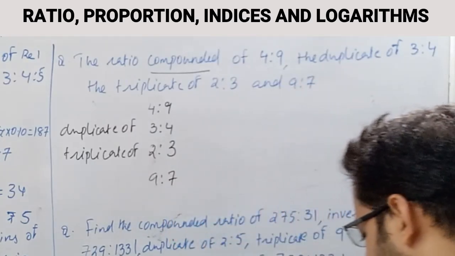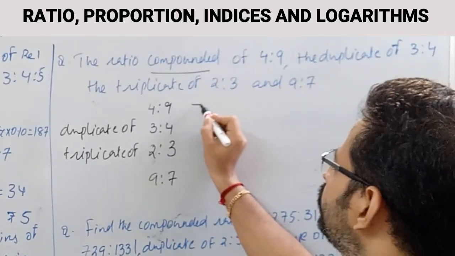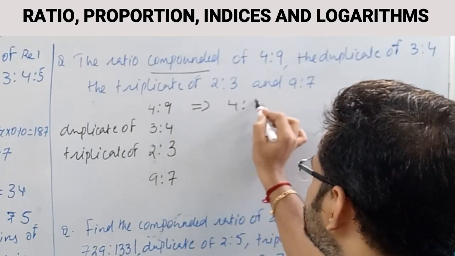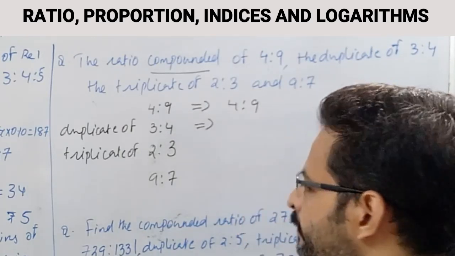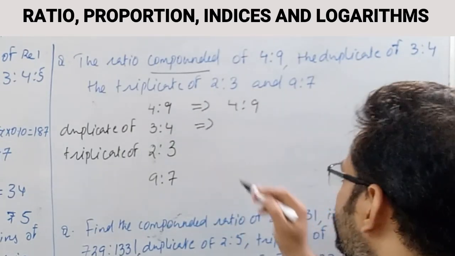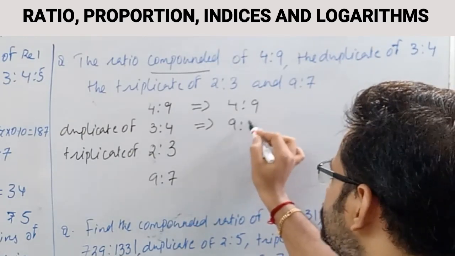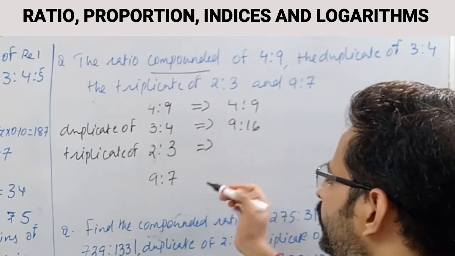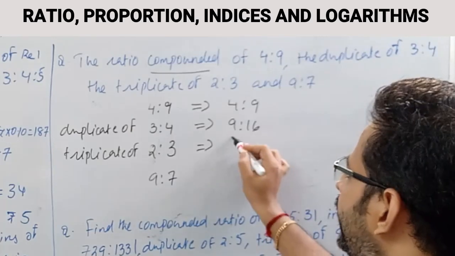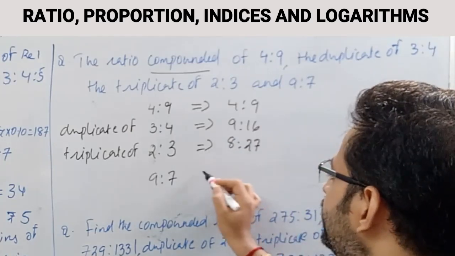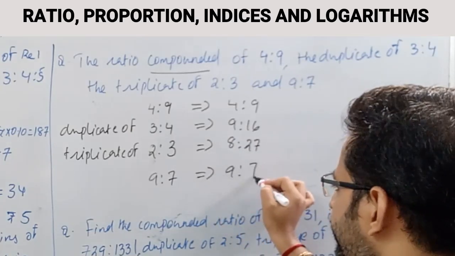Okay. That implies the compounded ratio of 4:9, then duplicate means square, 3 square is to 4 square, that means 9:16, then triplicate, 2 cube is to 3 cube, 8 is to 27, and 9:7. Okay.